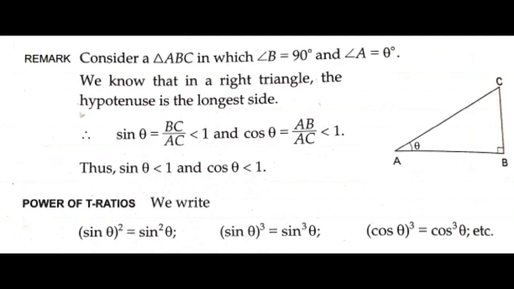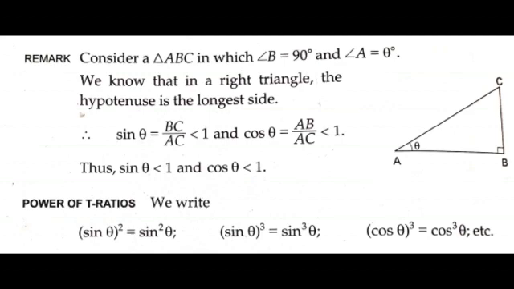Therefore sin theta is equal to BC by AC, which is less than 1, since denominator is greater than the numerator. Again cos theta is equal to AB by AC, this is also less than 1. Thus sin theta is less than 1, cos theta is also less than 1. Now coming on power of t ratios, we write sin theta whole square as sin square theta.